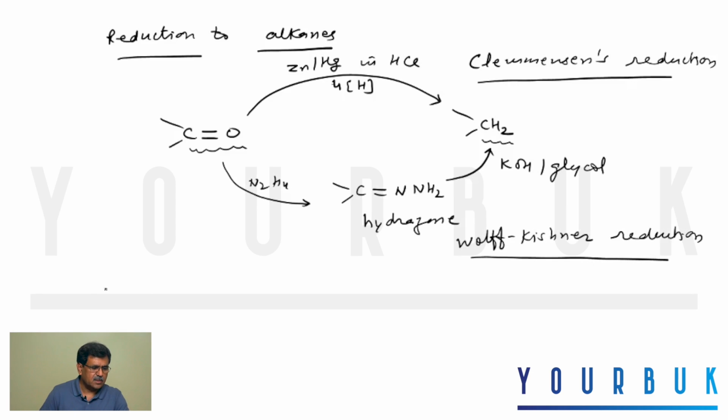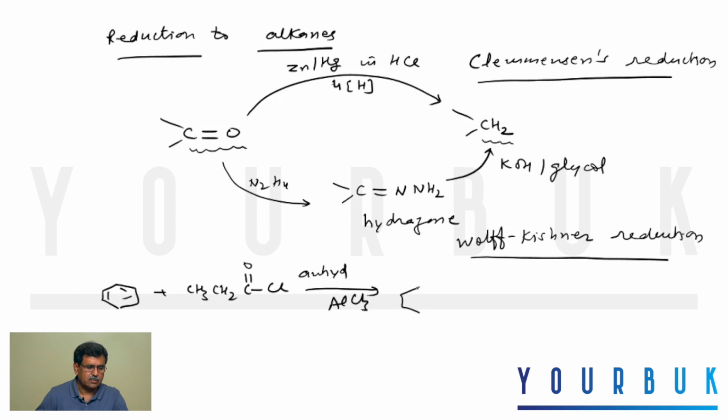Now one example is this. This is a given benzene, and we are performing a Friedel-Crafts acylation using propanoyl chloride in the presence of AlCl3. It gives the aromatic ketone COCH2CH3, and this can be reduced to propyl benzene by using hydrazine followed by reaction with the KOH glycol.